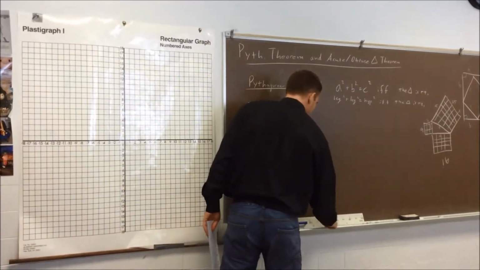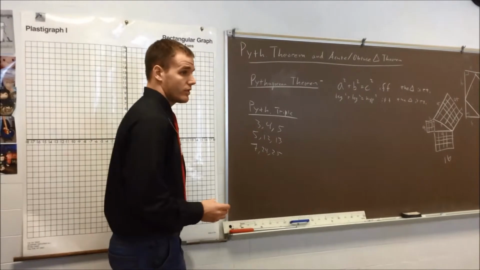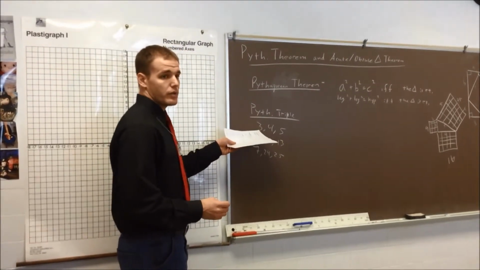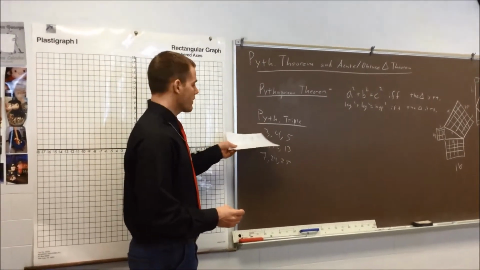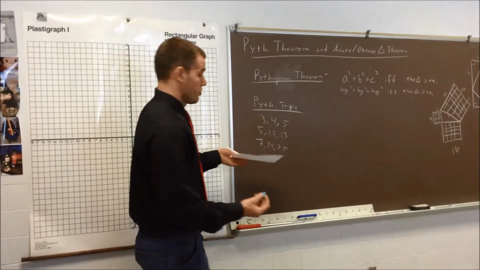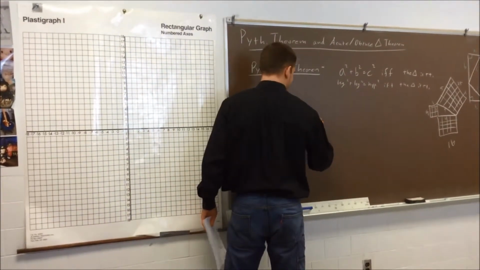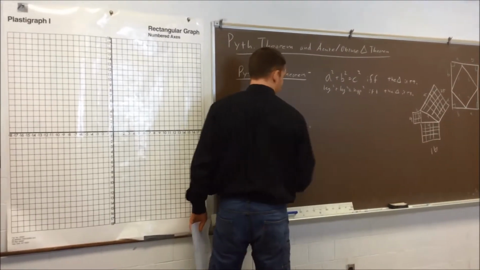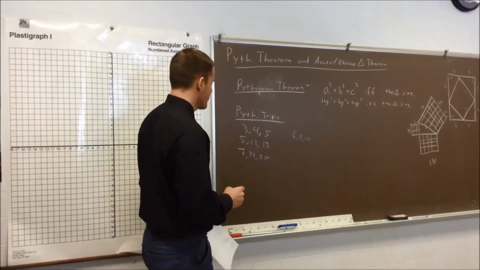You can make any new Pythagorean triple just by multiplying this by something. So what can we multiply this by to get a new Pythagorean triple? 2. So 6, 8, 10 would also be a Pythagorean triple. We just multiplied everything by 2.